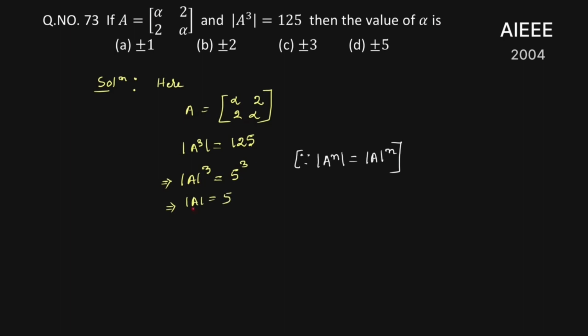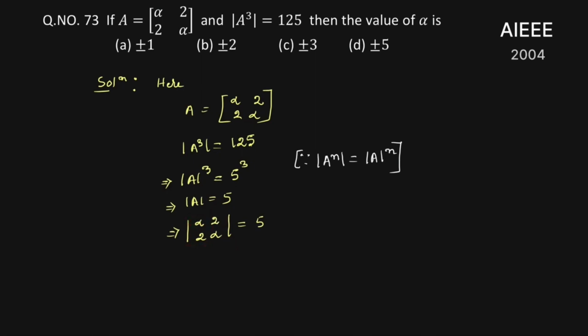Therefore, determinant of alpha 2, 2, alpha is equal to 5. Now we solve this determinant with the help of first row.